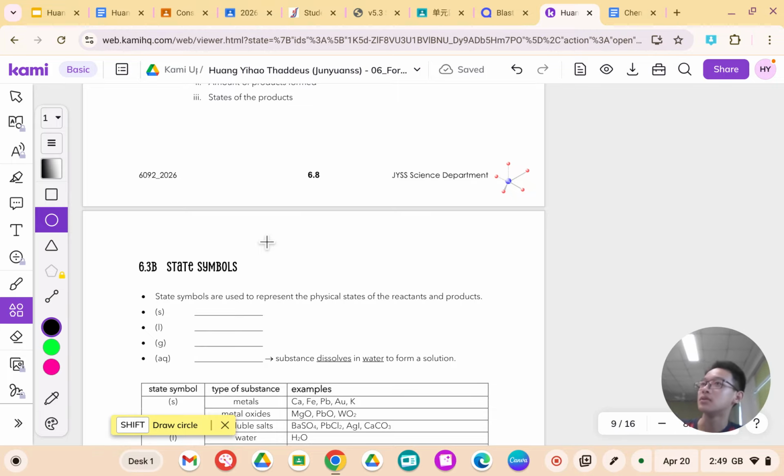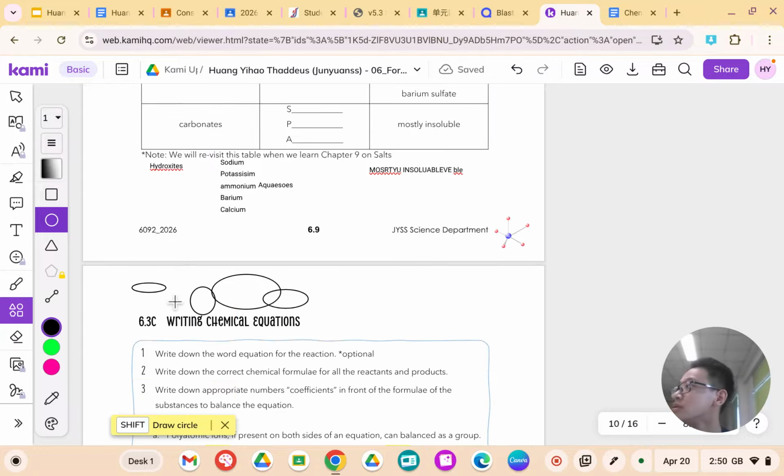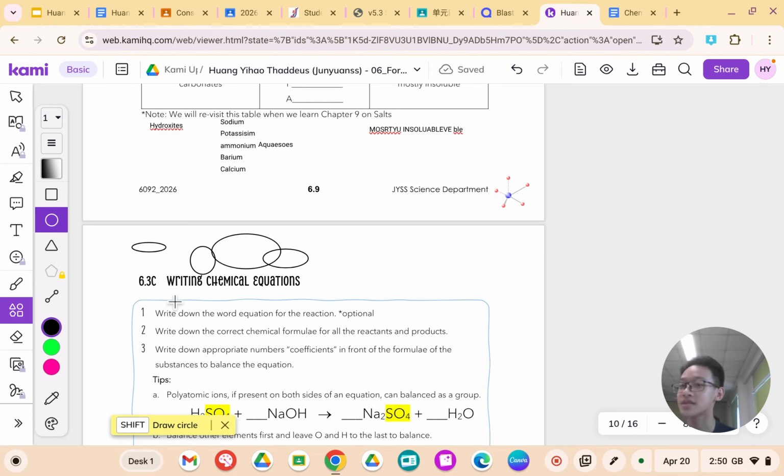Formula is for mole. Wait, what are we supposed to do? We're supposed to memorize this. Oh, memorize.